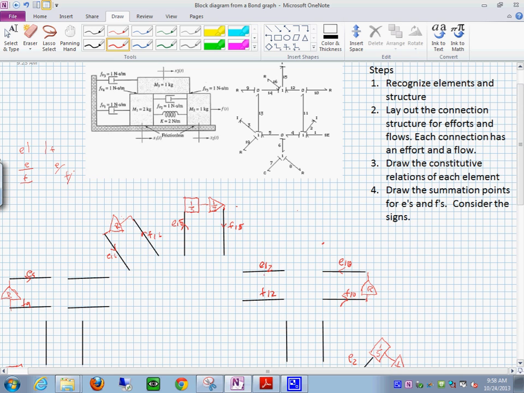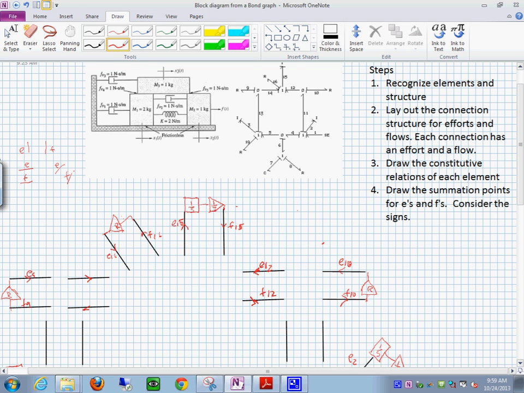And which way are these signals? It's very obvious. For 12, the flow is to the right and effort is to the left. So it's like this, see? And on this one, the effort is to the right and flow is to the left.